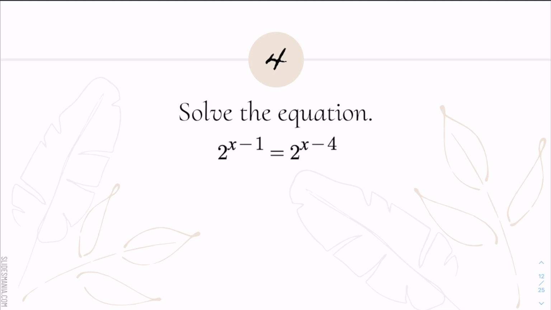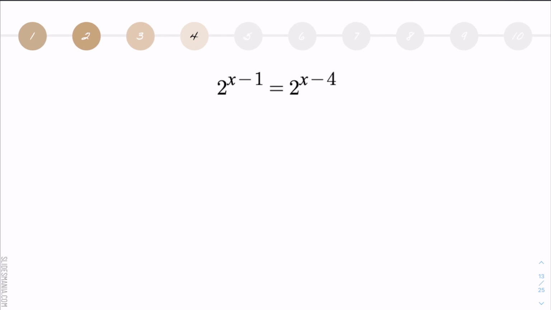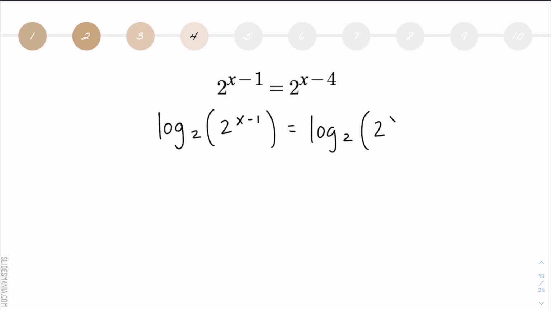If they had not had the same base, we would need to rewrite them to have the same base, just to make it an easier problem on ourselves. But because they have the same base, we can just take log base 2 of both sides, since the exponentials are by themselves on both sides.